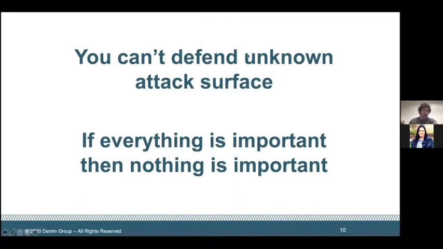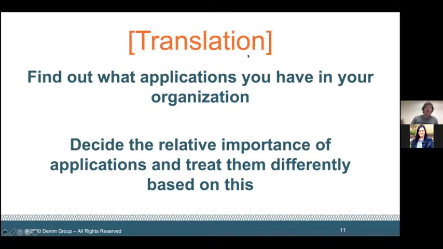And so in security, as in life itself, you have to be able to prioritize. Translating this, the first thing you need to figure out is what applications you have in your organization, so you understand to the greatest degree possible what that attack surface is. And you've got to determine the relative importance of these application assets, and you're going to treat them differently based on this.